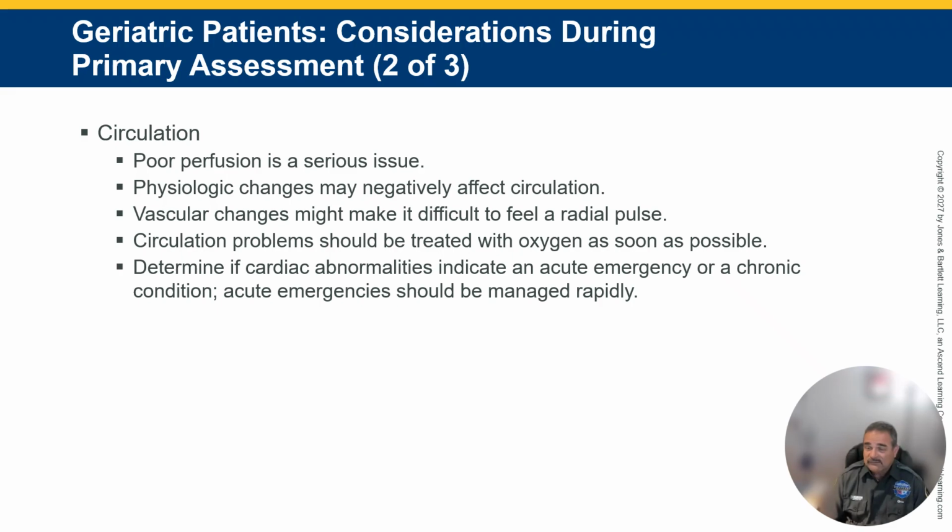If you see anything circulation-wise, like a weak radial pulse, if they seem pale or flushed, you need to help their circulation and give them oxygen, because that's what we do as EMTs. We give them as much oxygen as soon as possible, and determine if they have cardiac issues, a past medical history of heart problems, and of course, if they take any medications that may affect their circulation, such as blood pressure medicine.